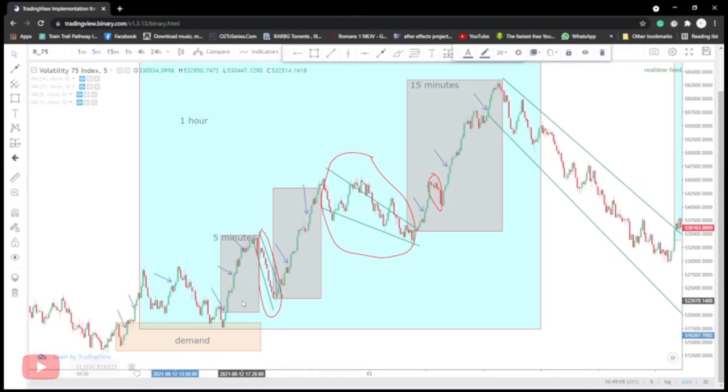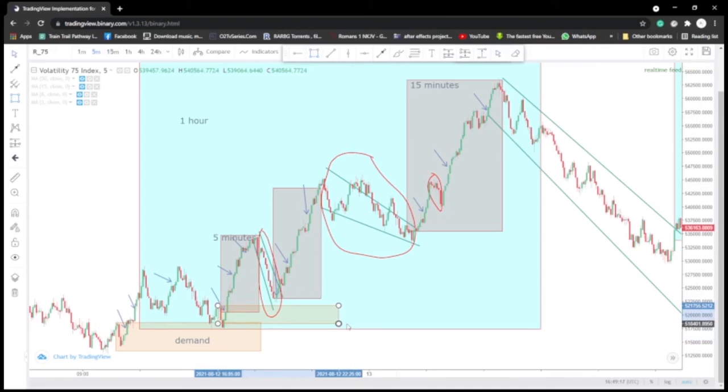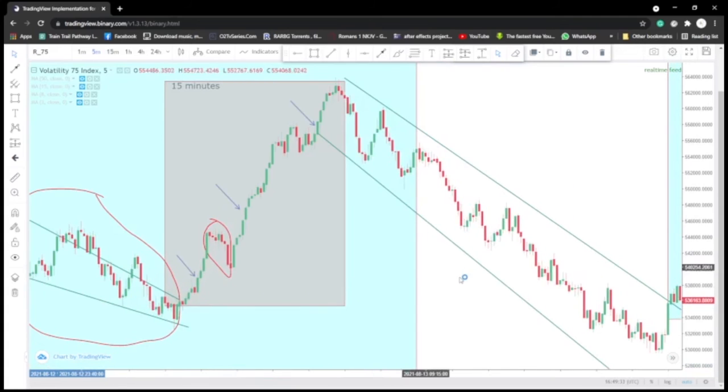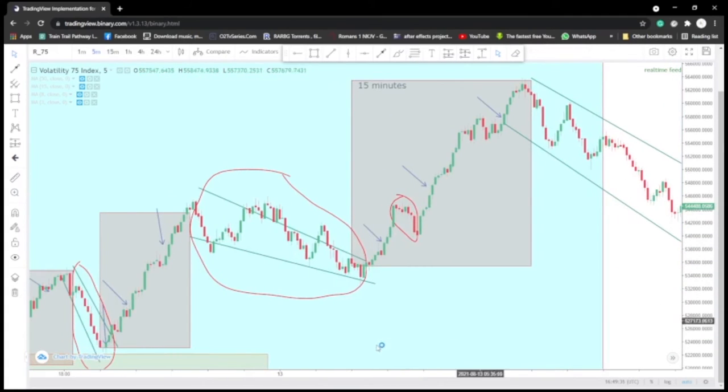What is an order block? So again, I'm going to draw another one here. The market came back to create an order block. Okay, let me just zoom in so I can see.